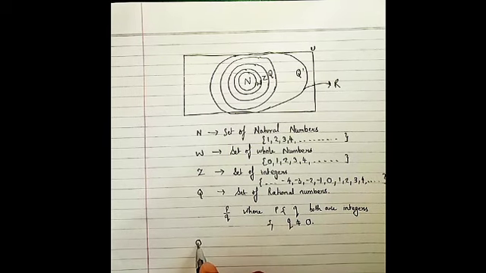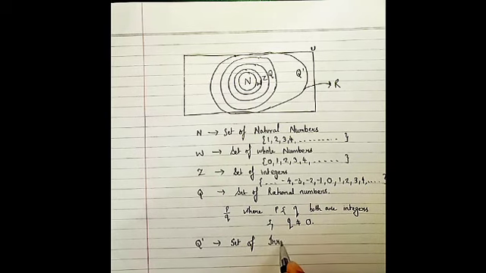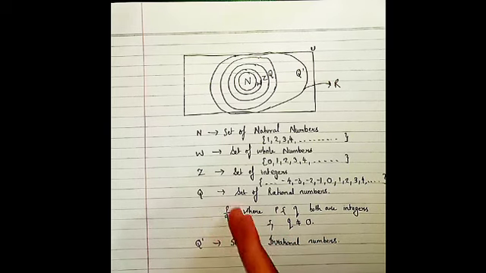And the irrational numbers are represented by Q dash, the set of irrational numbers. Irrational numbers are those numbers which are not rational. It is as simple. The numbers which cannot be represented in the form of p by q are called irrational numbers.